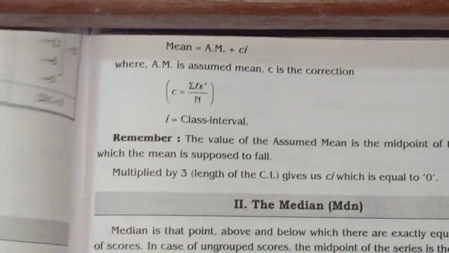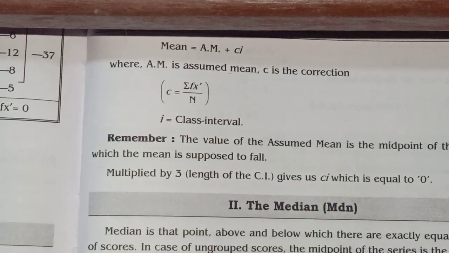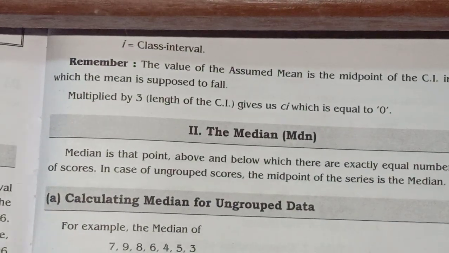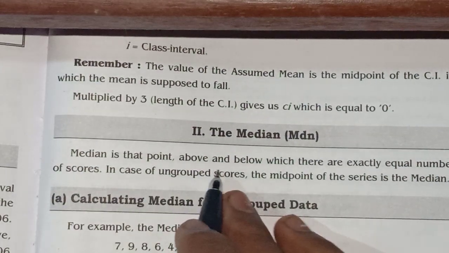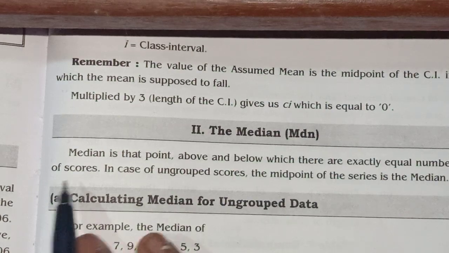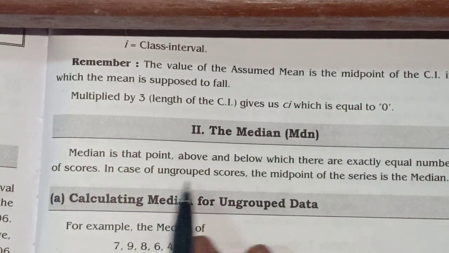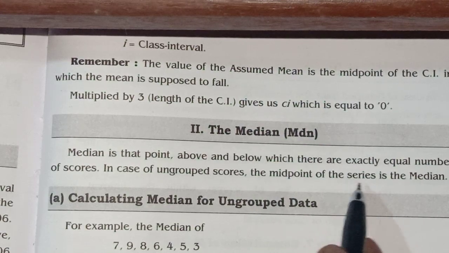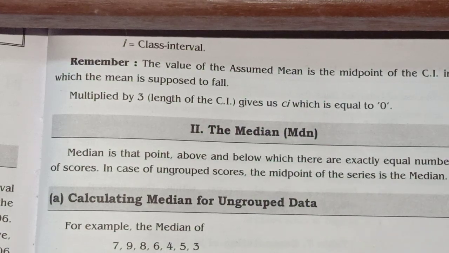Then we'll go to median. What is median? Median is that point above and below which there are exactly equal number of scores. In case of ungrouped scores, the midpoint of the series is the median.